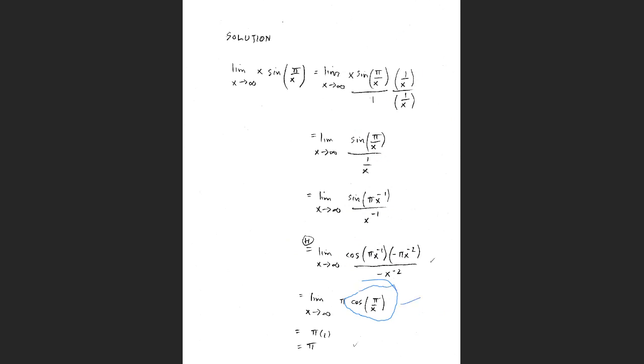That approaches the cosine of 0 as x goes to infinity. So, wow, you get pi. Who would have thought that the limit as x goes to infinity of x times the sine of pi over x equals pi? But it does.